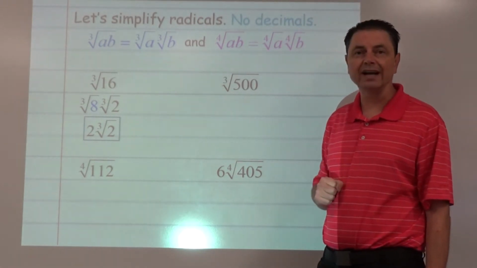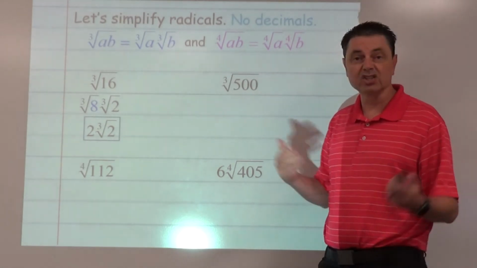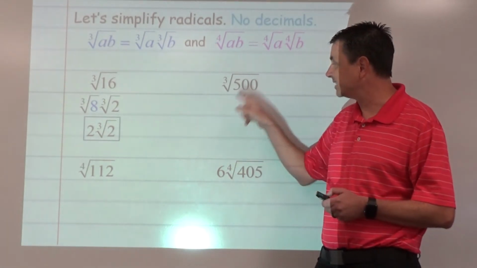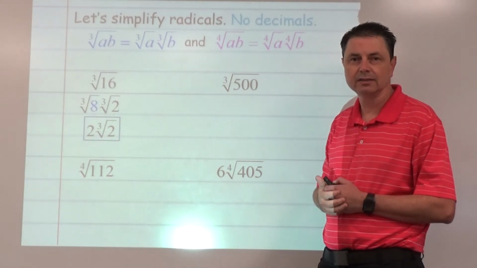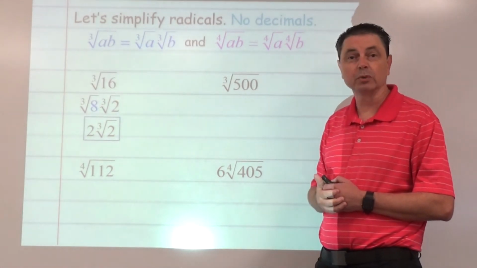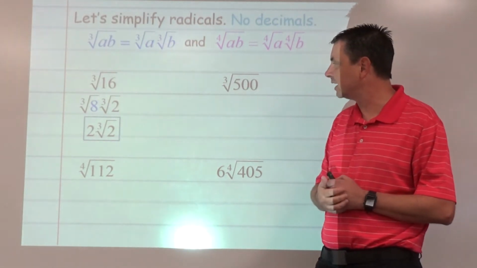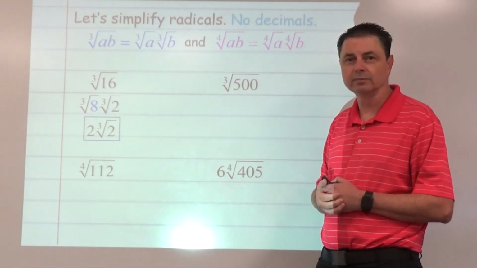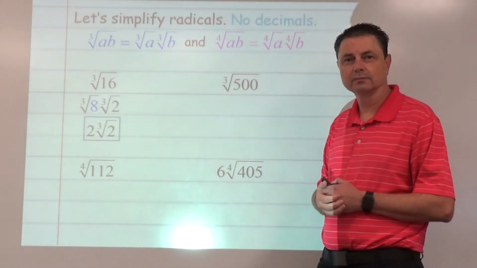All right, cube root 500. What cube root goes into 500? We could try this on a calculator as far as does 8, that's on our list, go into 500? It does not. I don't think we need to bother with 27. Well, we could try it. Does 27 go into 500? No. What about 64?